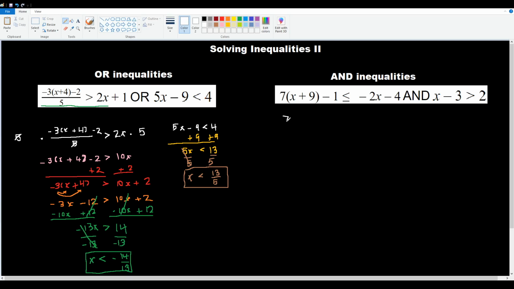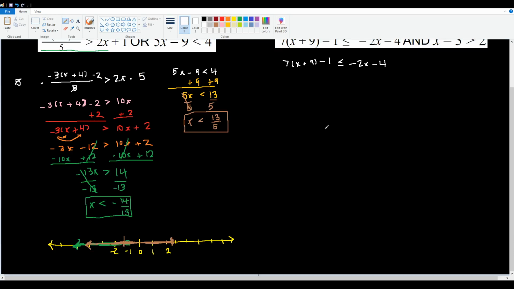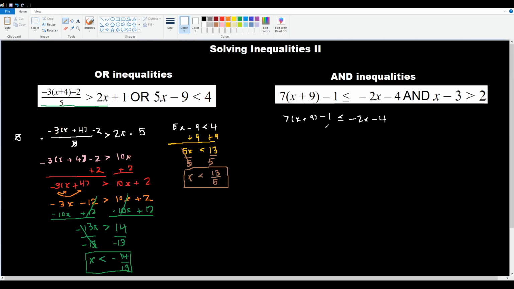Okay, so 7 times x plus 9 minus 1 is less than or equal to negative 2x minus 4. Nice and easy. First let's start by doing plus 1 on both sides.